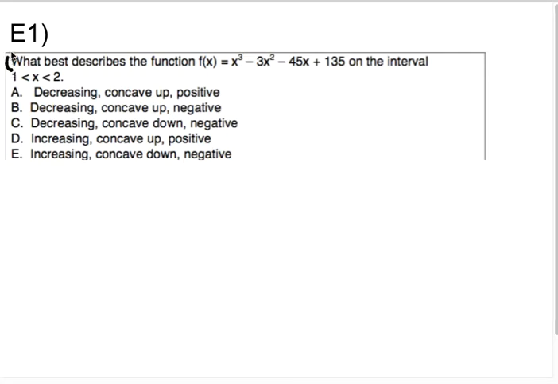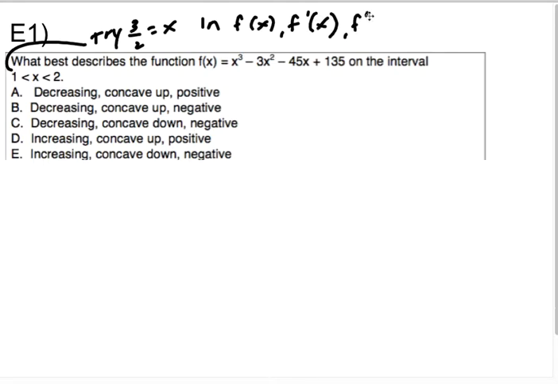One way to logically do this is to try 3 halves in f of x, f prime of x, and f double prime of x, because the sign of f of 3 halves, f prime of 3 halves, and f double prime of 3 halves would answer this question. Either way, I'm going to have to find both derivatives, right? Because increasing and decreasing is f prime, concavity is f double prime, and positive or negative is the original function.